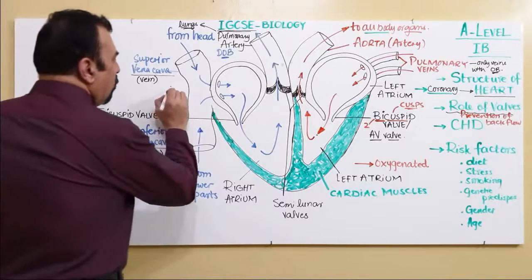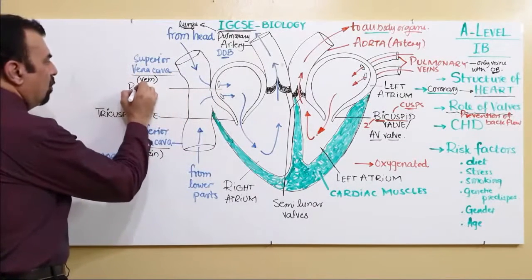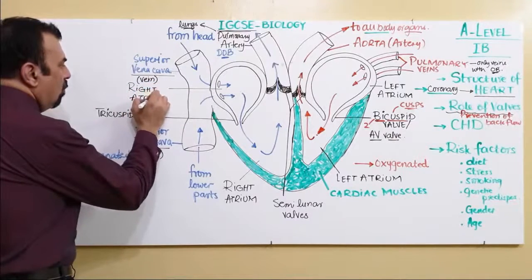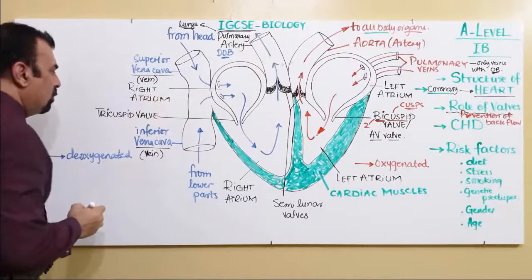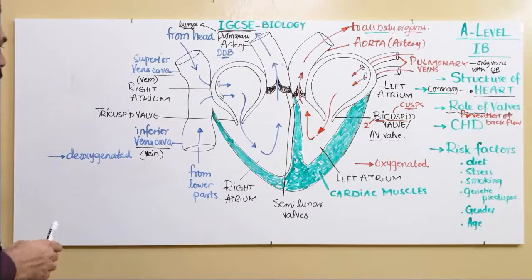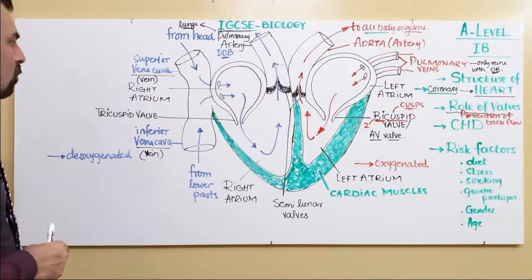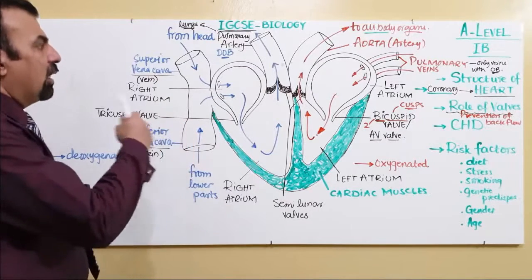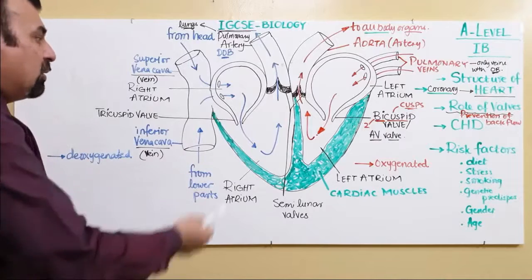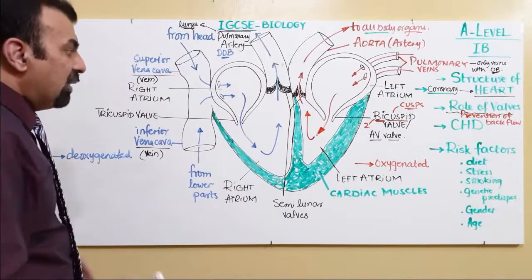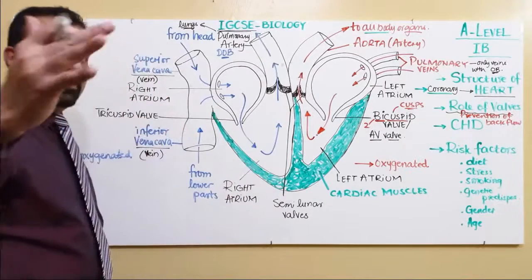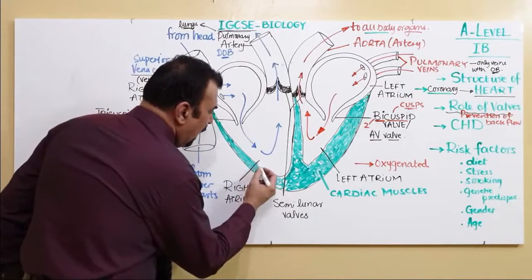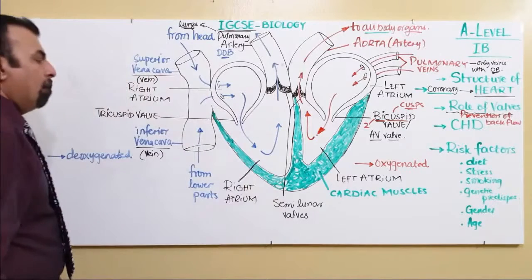And this is the right atrium. So all of the parts, they are properly labeled. I think, yeah, nothing is missing. Labeled everything. If anything is missing, just let me know. Just shout from your homes and tell me. Okay.